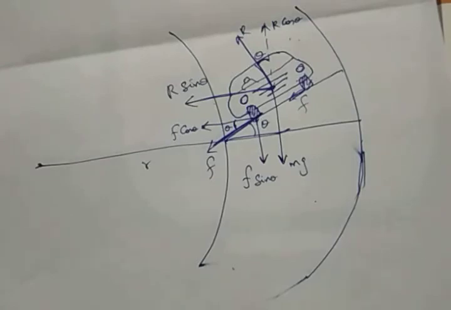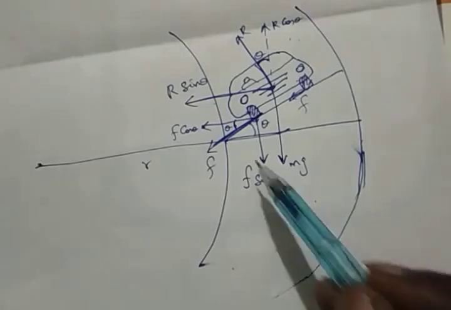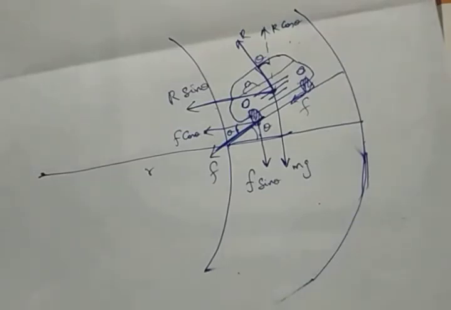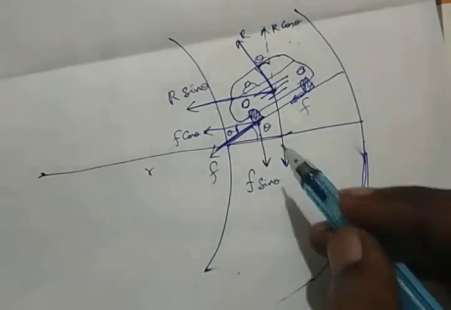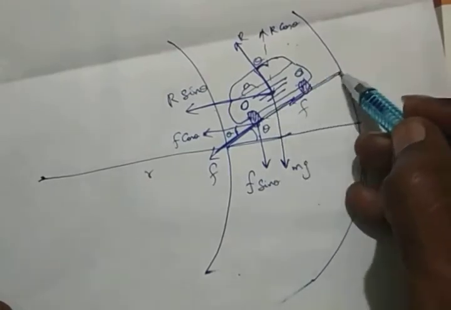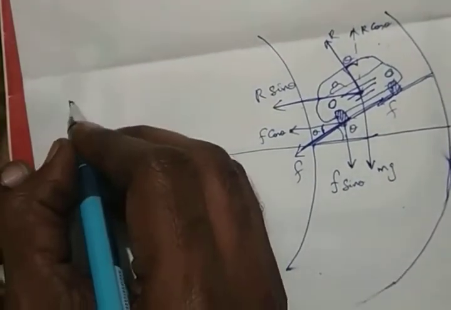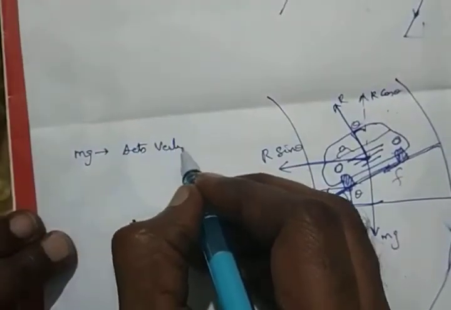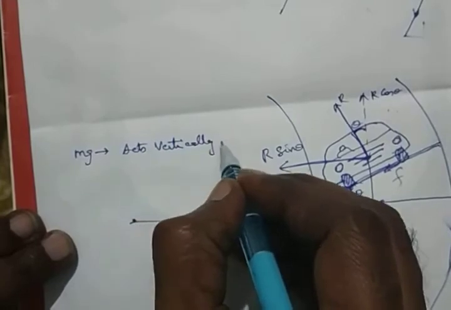Please write down. Consider a car traveling on a curved path, banked with the angle theta. Let r be the radius of the curved path. mg acts vertically downwards.